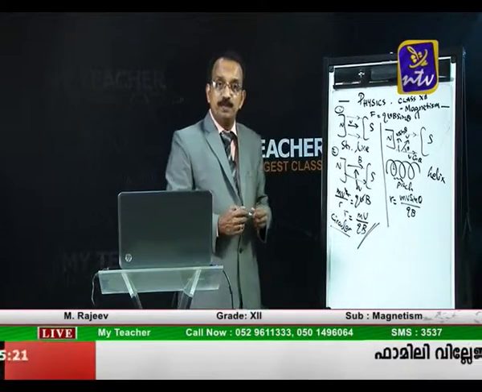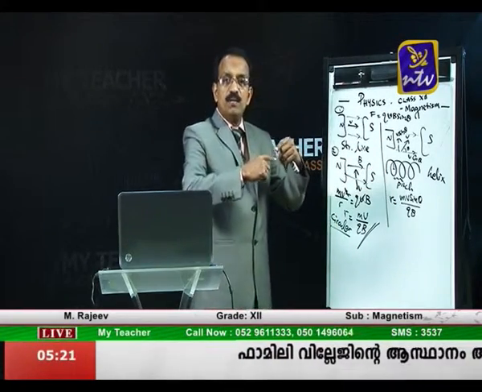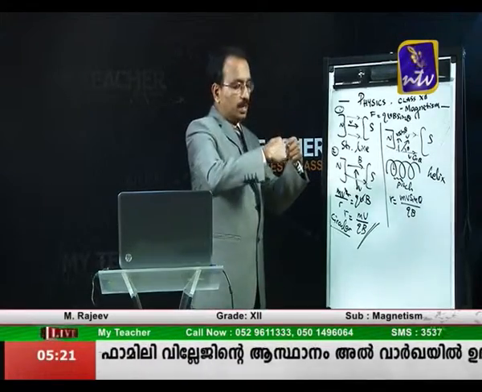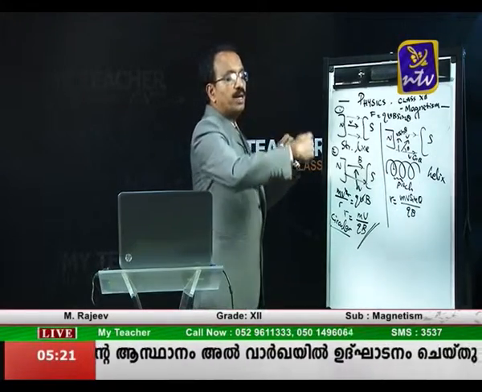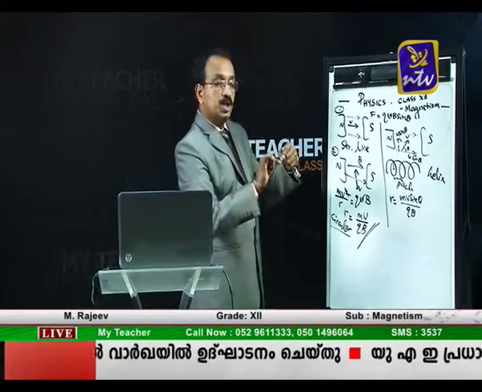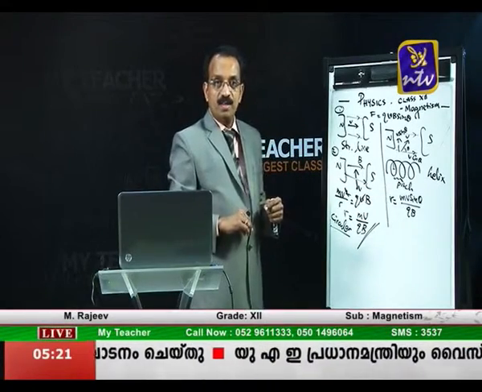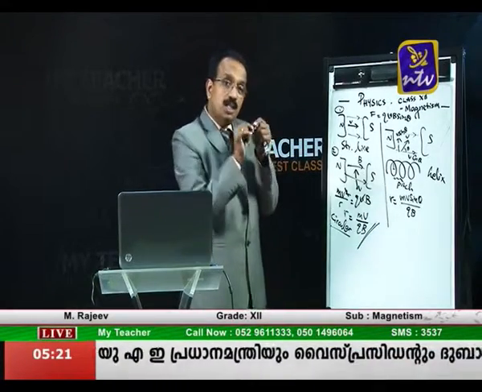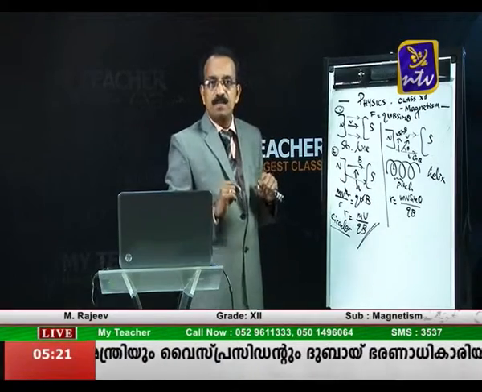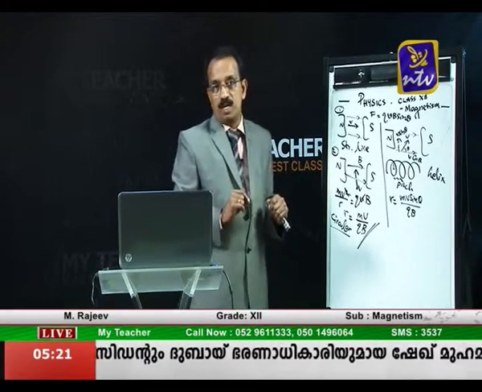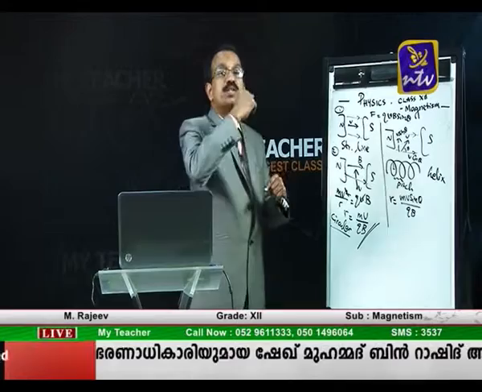What does pitch mean? Pitch is like, when the charged particle is moving like this, by the time it completes one revolution, how much does it move forward? That is the pitch. So pitch is the horizontal distance traveled by the charged particle during one complete revolution.